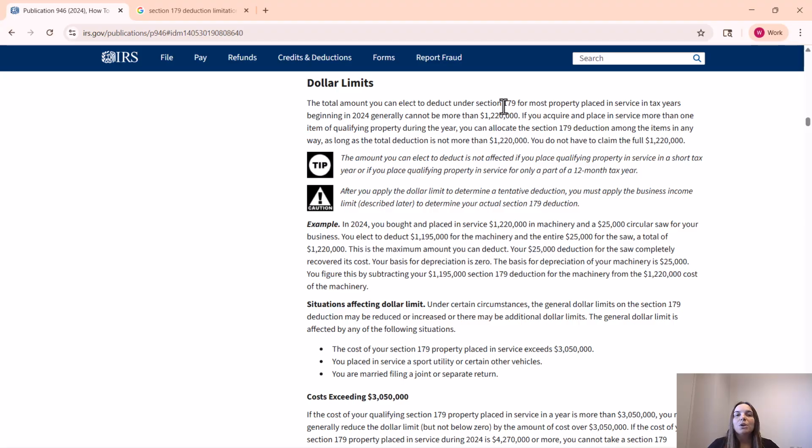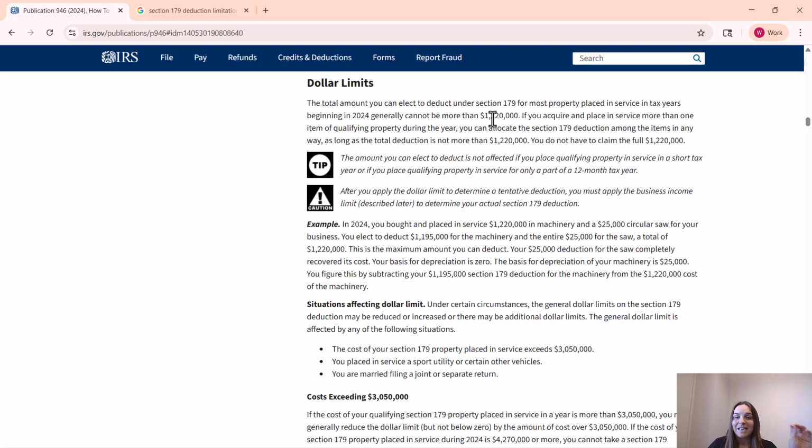Okay. So for tax year 2024, you can deduct up to $1,220,000 on Section 179. I will show you for tax year 2025 what that amount is. For tax year 2024, it's $1,220,000.